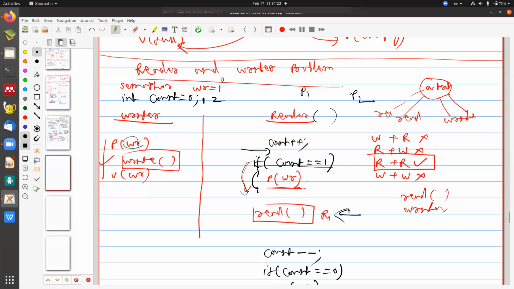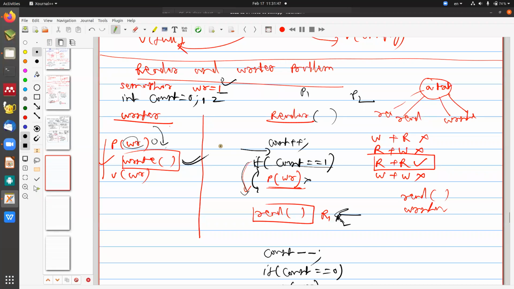When both skip, this P write is not executed. If P write is not executed, WR is still 1. Then R1 will be present, and R2 may be present here. If both are present, and a writer wants to enter, the writer can easily enter because WR is still 1. Since WR is 1, it is made 0 and the writer is able to enter.